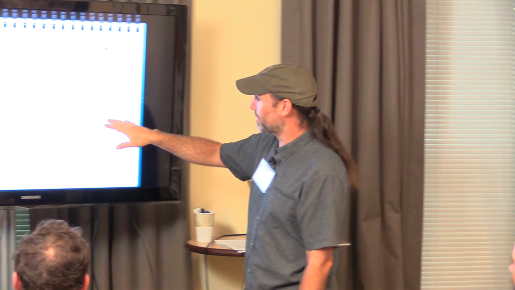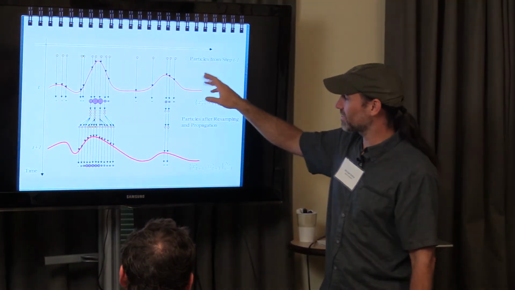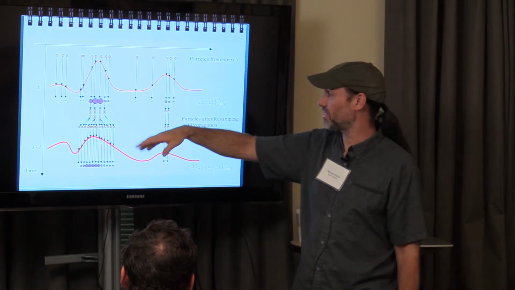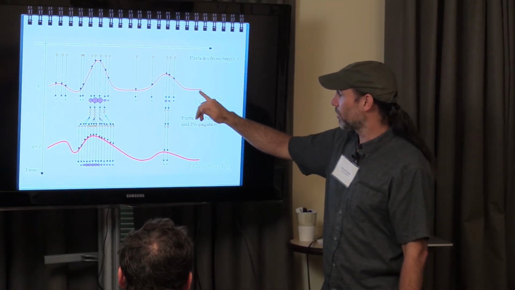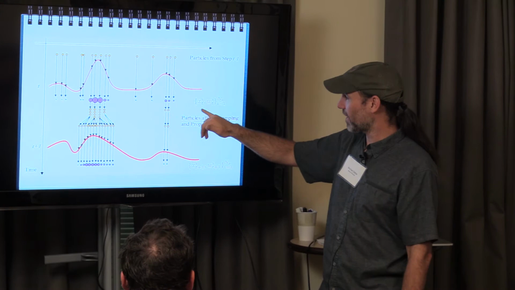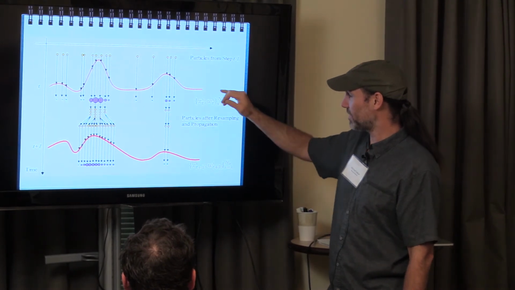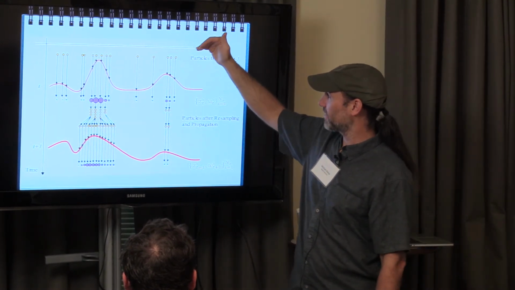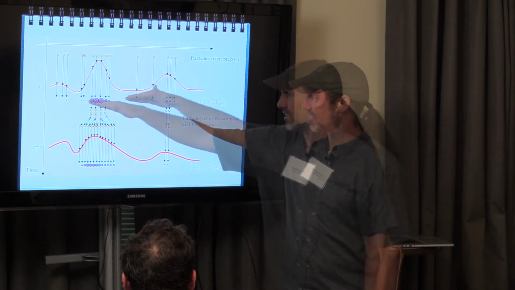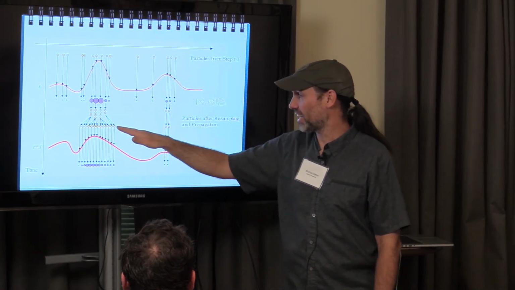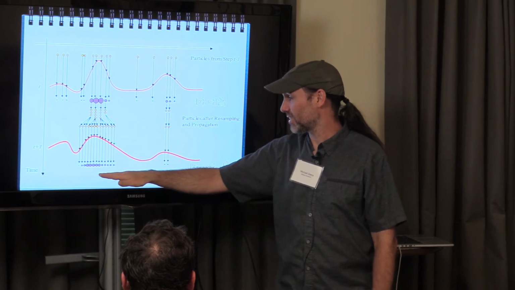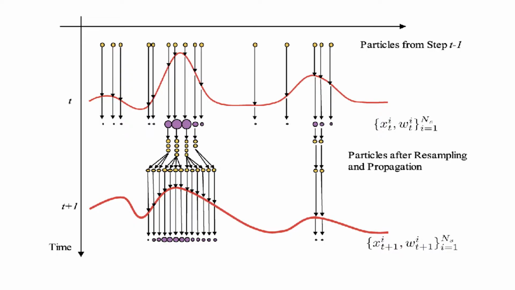So this is just, again, the same idea in a different graphic now, pointing out that this easily deals with multimodal distributions, non-normal distributions, and again reinforcing this idea that we're carrying forward both the state and the weights. So yeah, forecast, analysis, which gives us weights, resample, forecast again, analysis gives us weights, and then we could resample.